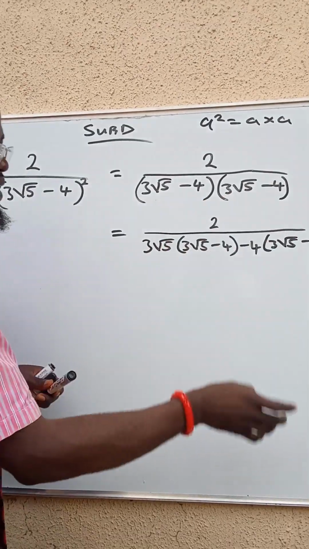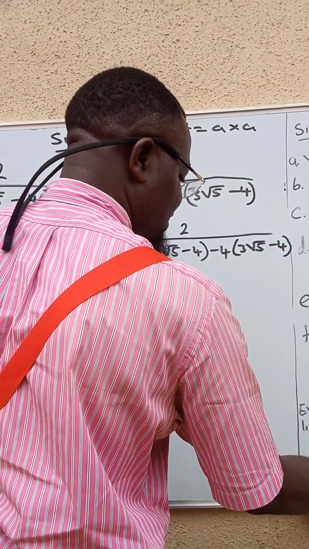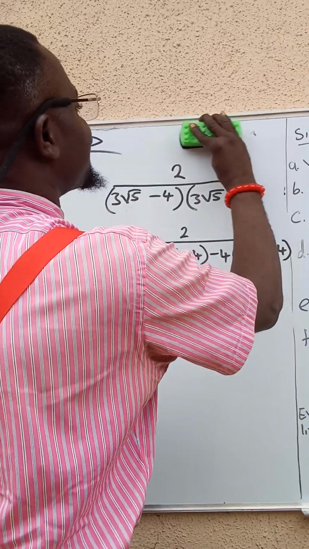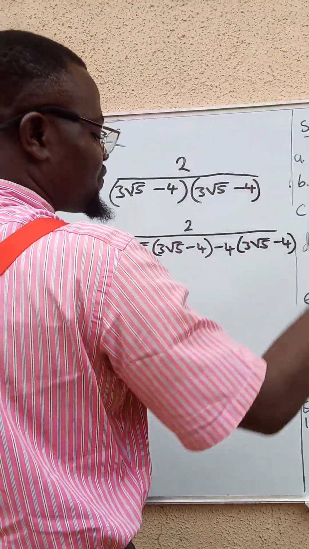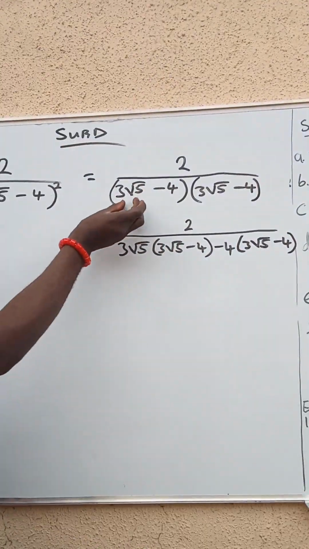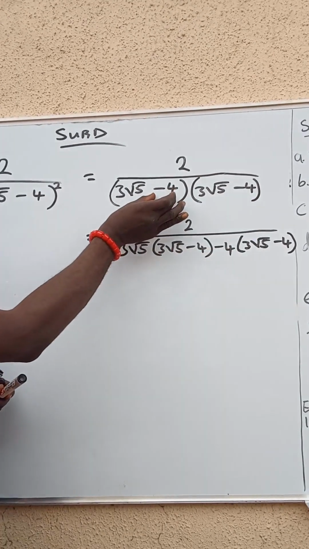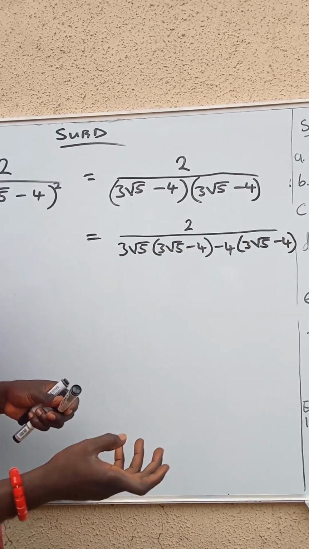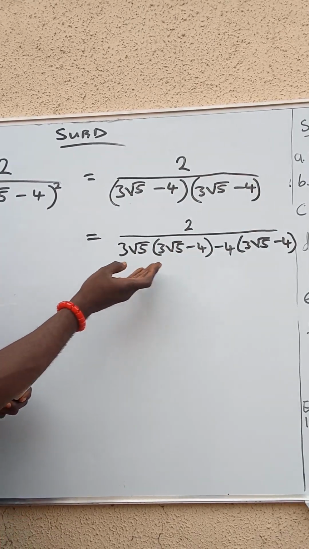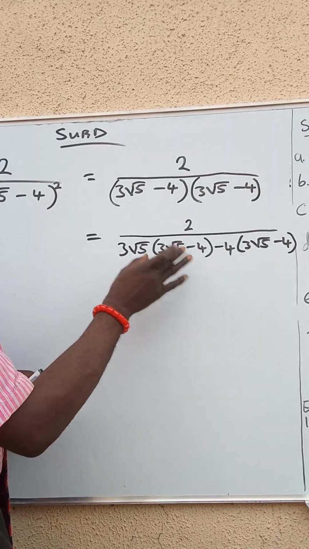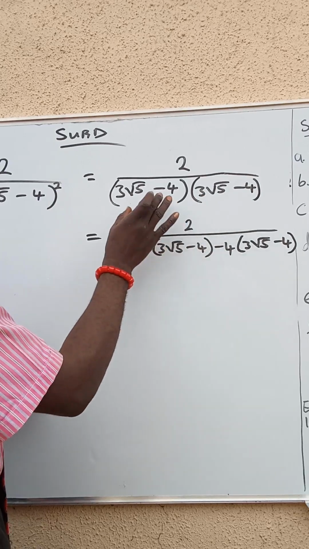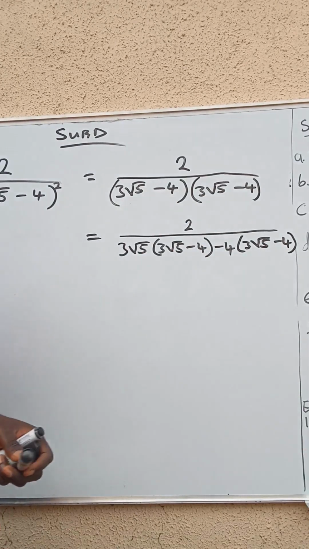That is what you are seeing here. Then another thing I did, if 2 things are multiplying each other like that, for you not to be confused, what you do, you take the first one, multiply the whole of the one at the front, take the second one with the sign, multiply with the one at the front, which I took 3 root 5, multiply with this, the same at the front as I explained, then minus 4, multiply with it.